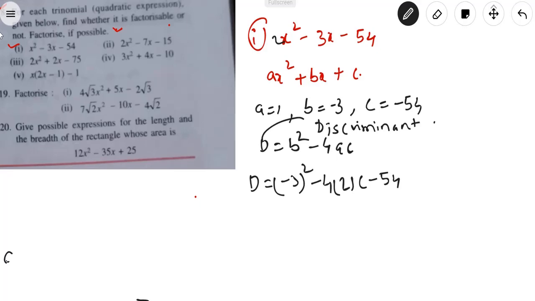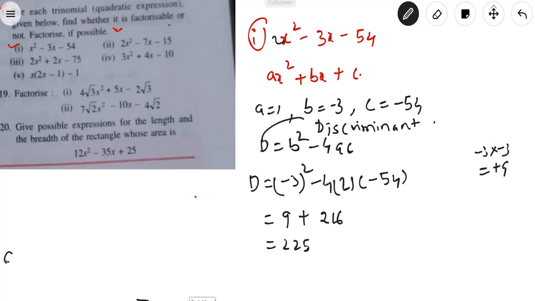Minus into minus 3 into minus 3, I'm going to get plus 9. Minus into minus is plus, 4 into 54. 4 into 54 is how much? You are going to get 216. When I add these two terms, I'm going to get 225.